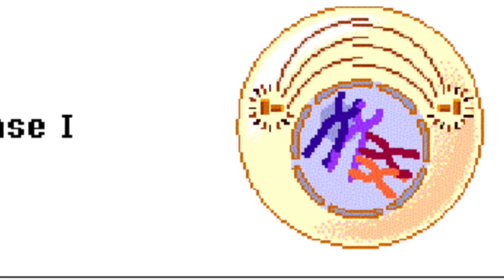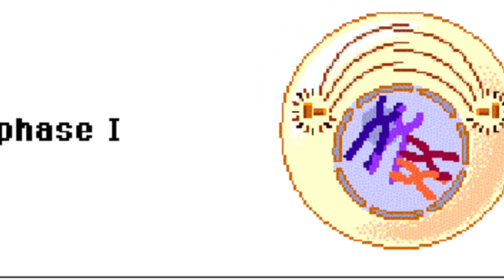We're going to have the appearance and development of spindle fibers, which have a role in making sure our chromosomes go where they need to go. They're transport tubules that allow our chromosomes to go where they need to go in the cell.